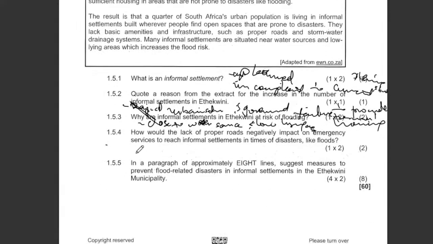The next question is 1.5. How would the lack of proper roads negatively impact the emergency services reaching the informal settlements in times of disasters like flooding? Now, we look at these areas not having infrastructure, proper roads, and so on. That means such areas are hard to reach, or they become inaccessible.